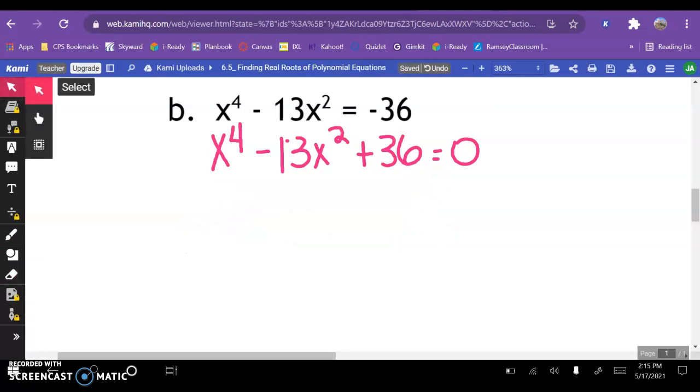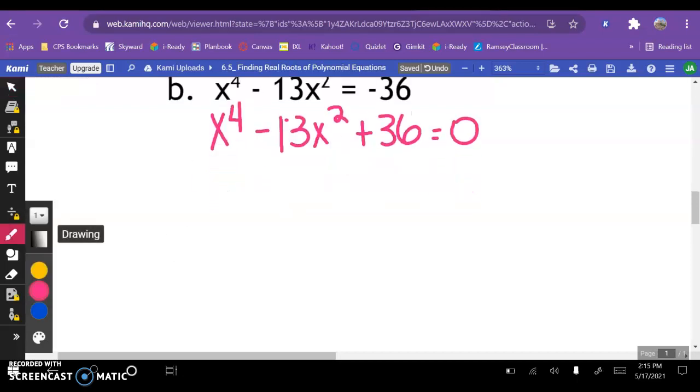But when I factor this, because this first term is x to the 4th, I know I'm going to have to do x squared times x squared. Now the next question is, what are the factors of 36 that are going to add together to be negative 13?